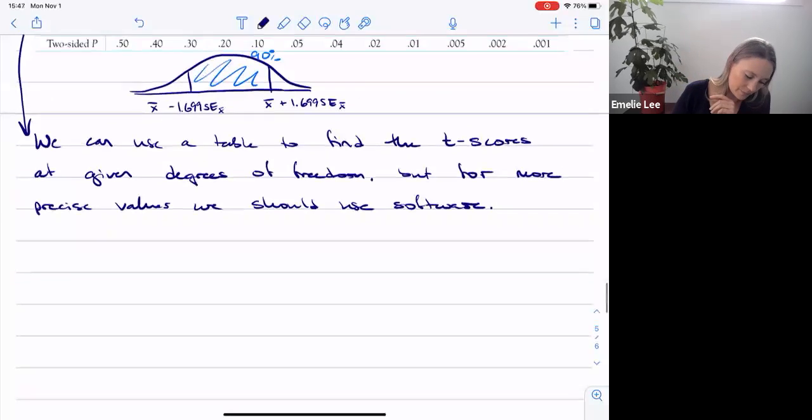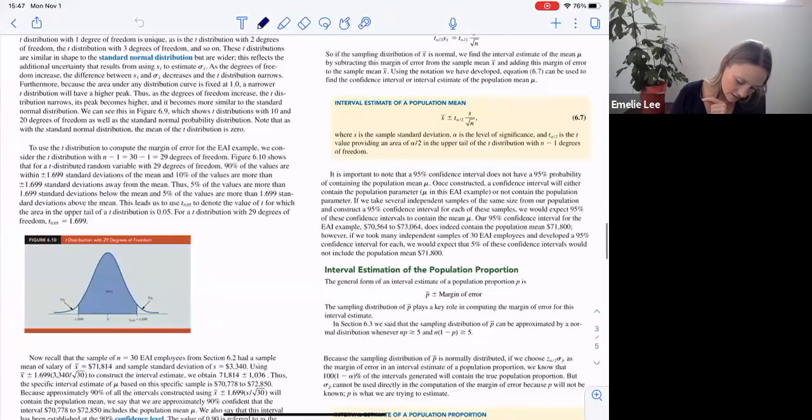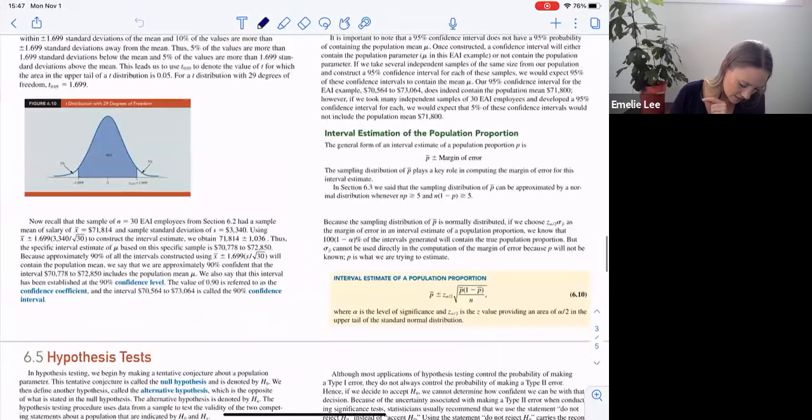Okay, so what we get is this. We can build a confidence interval by doing that calculation that I jotted down at the bottom of the graph.